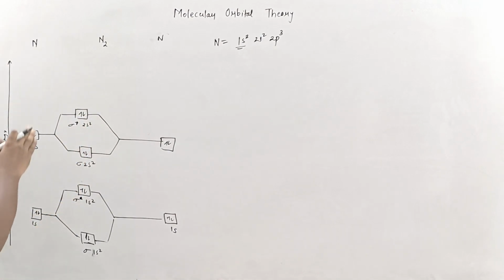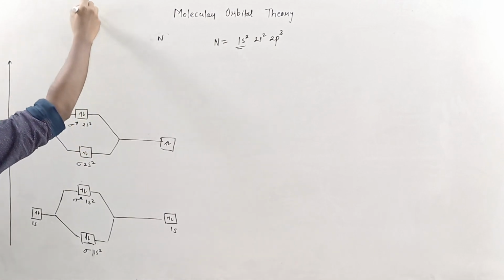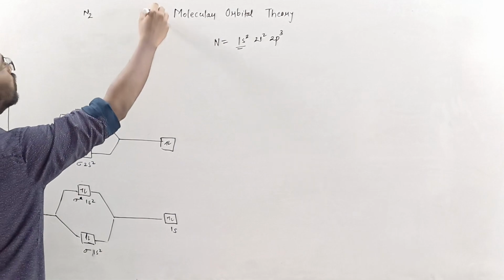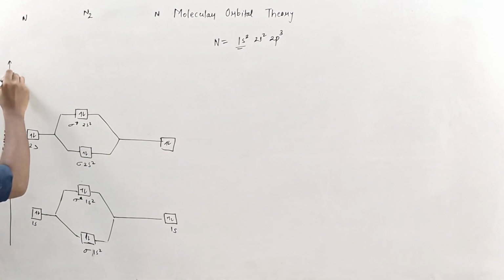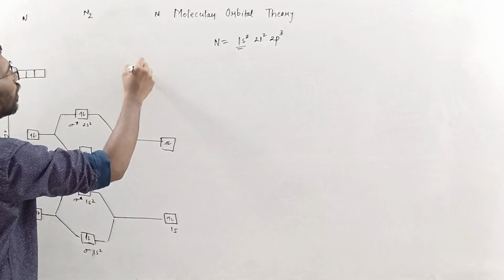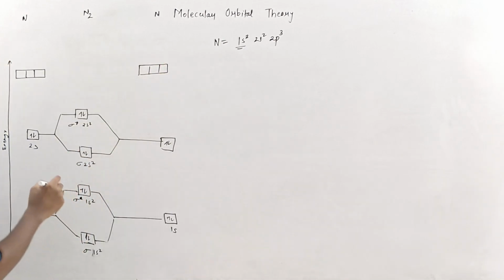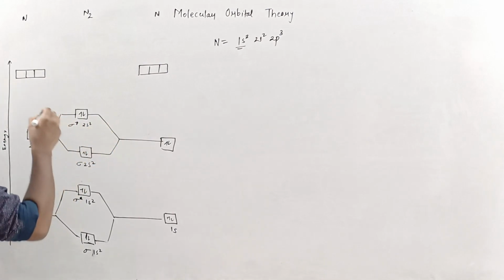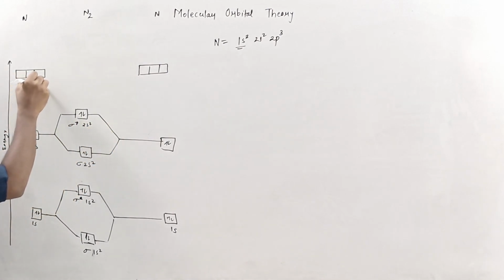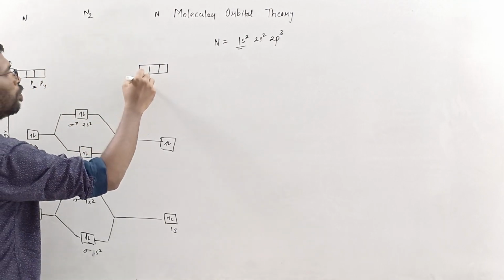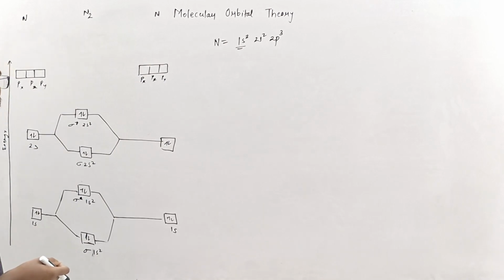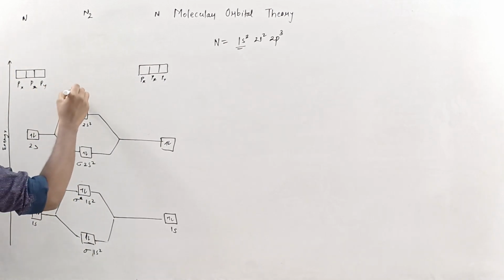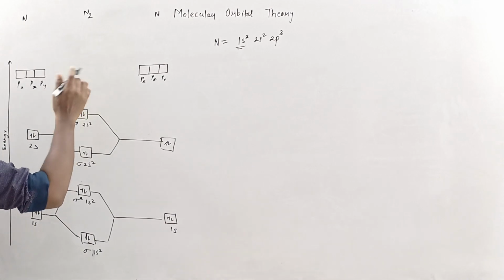This diagram won't fit over here, but I'll show you here. I'll take this a little up, N2. This is nitrogen and this is also nitrogen. Like the p orbital, if you see, the p orbital is this way, no? There are three orientations of the p orbital, which I can show this way: px, py, pz, px, py, pz. So here the splitting will take this way.